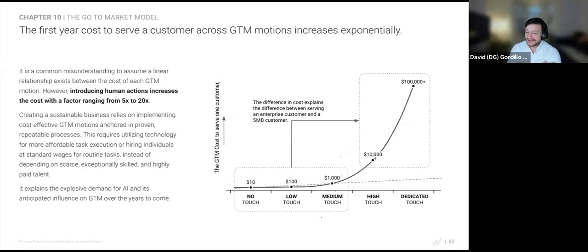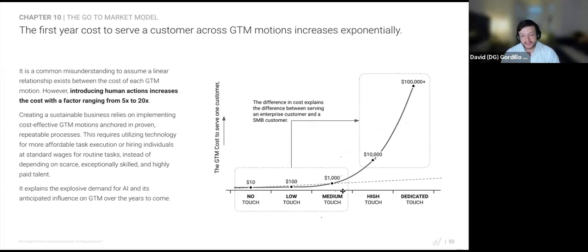The second one, and I mentioned this already a few times, but it's always good to remember, the more human beings you get involved in a go-to-market motion, the more expensive it is to run it. And the relationship is not linear whenever we are moving from the left to the right. Why? We need more skilled people, so they tend to be more expensive, so more senior.